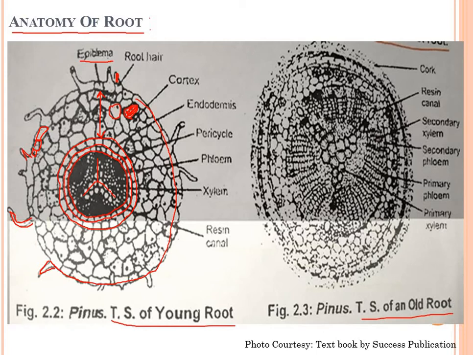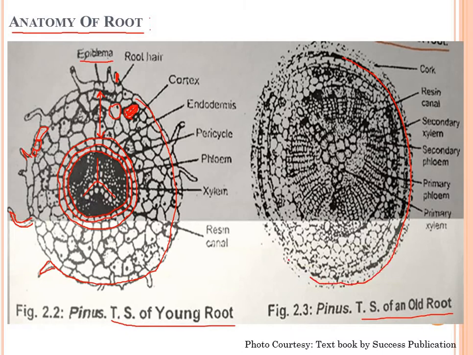Then see the TS of old root. In old root, at the outside, epidermis is replaced by cork.